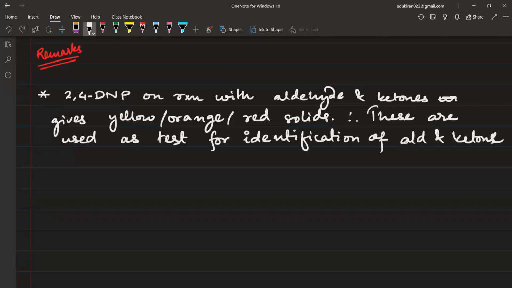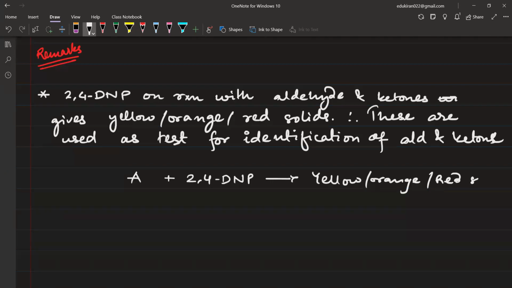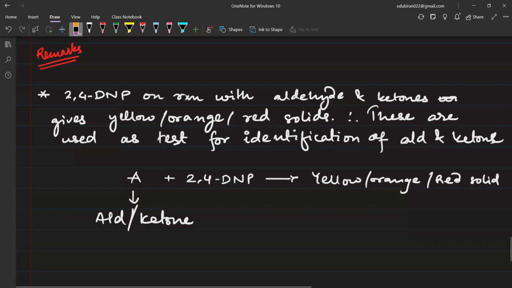For example, if there is some compound A, we don't know what it is, and if you react this with 2,4-DNP and it gives you a yellow, orange, or red colored solid, then we can say that this is going to be an aldehyde, or it can be a ketone. All of you got this? Please tell me.